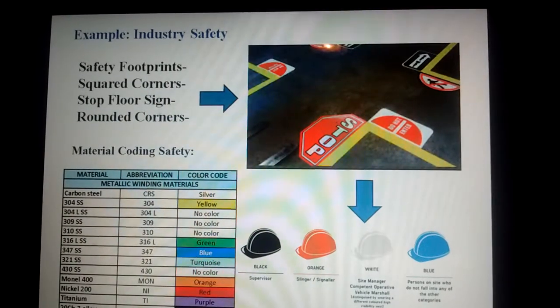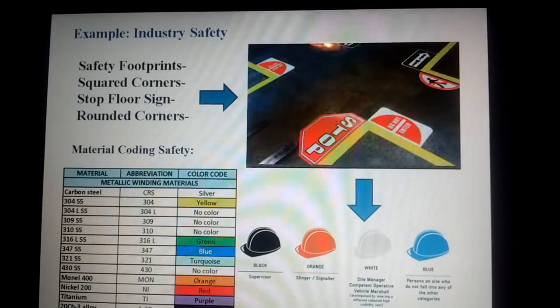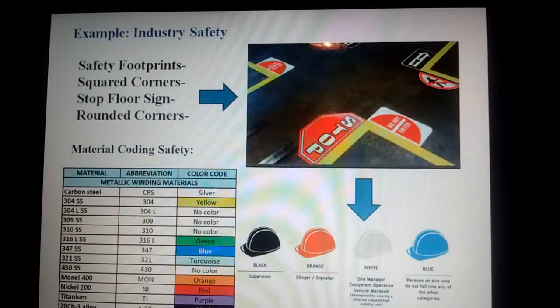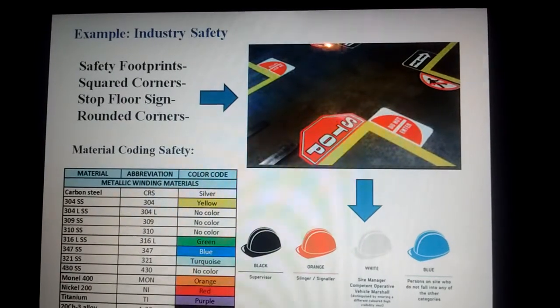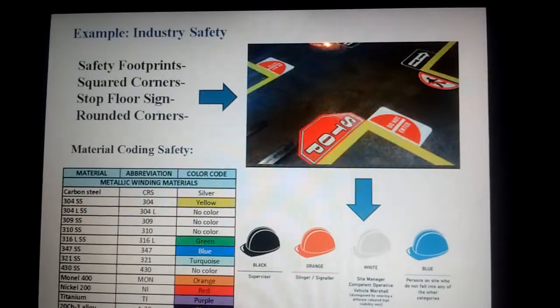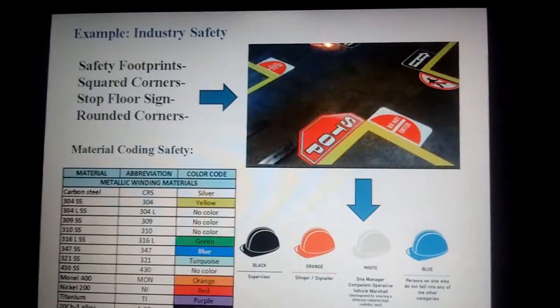These colors indicate which material is present in your racks, in your cupboards. So based on the color code, operators or workers will select the proper materials from those cupboards or from that stacking.